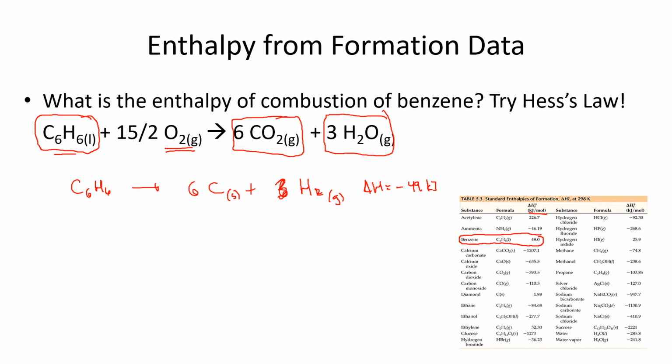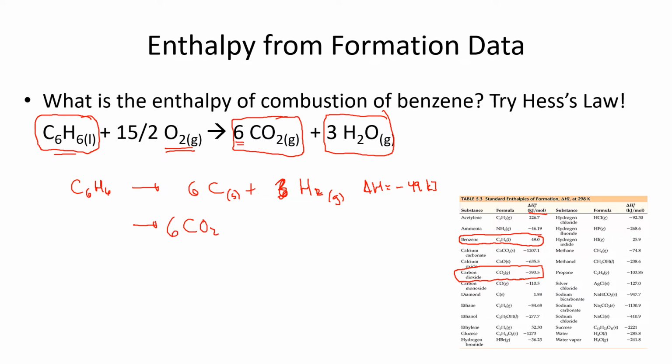We have carbon dioxide here, and we have 6 of them. So 6 carbon dioxide gases. So here they are. Yeah, carbon dioxide as a gas right here, and it's negative 393.5 kilojoules per mole. So we want 6 carbon dioxides.